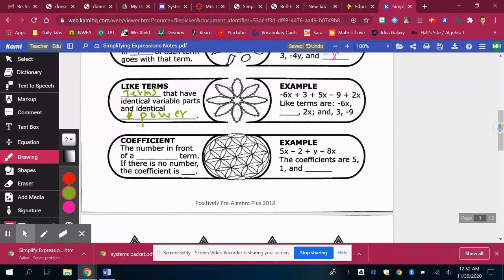If we look at this example, our like terms are negative 6x, 5x, and 2x. Those are all like terms because they have the exact same variable and the exact same power, which is 1. We also have a couple more like terms, 3 and negative 9. These are like terms with each other because they don't have variables at all.